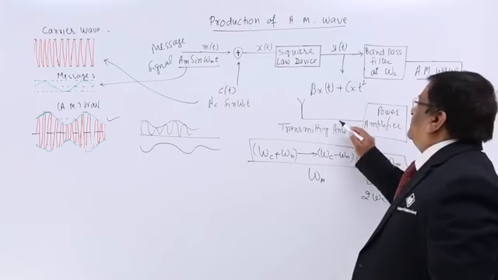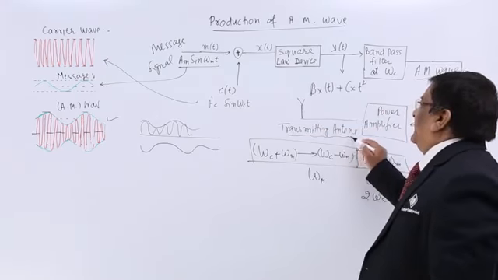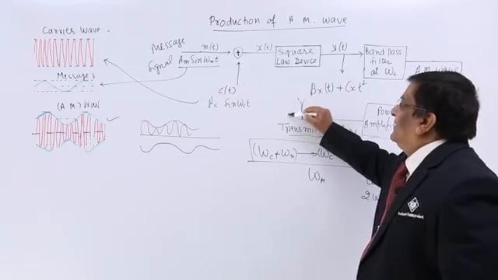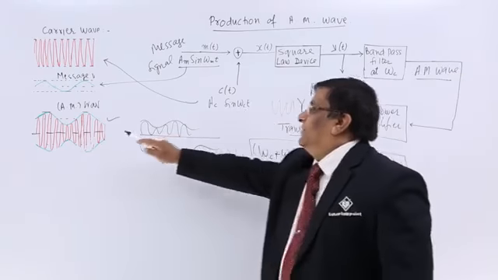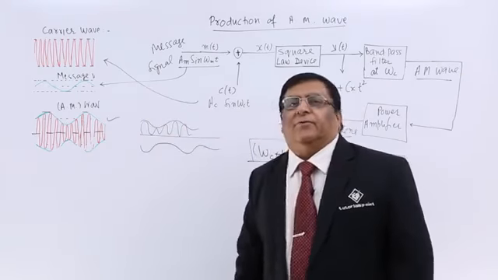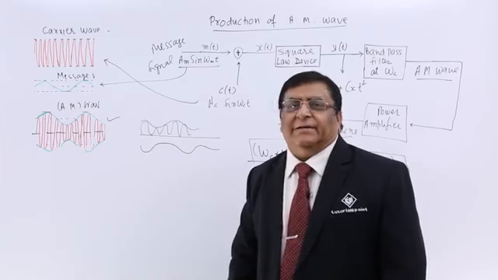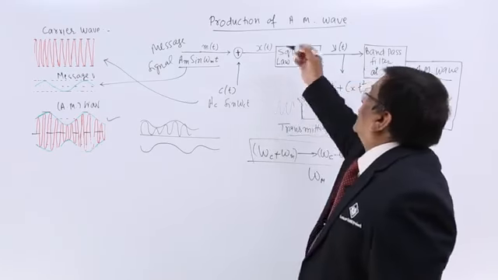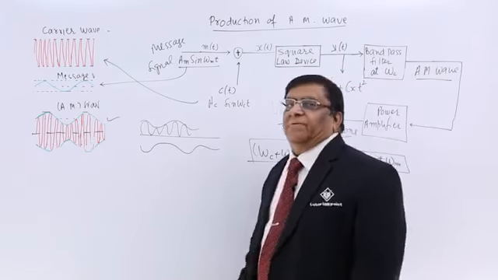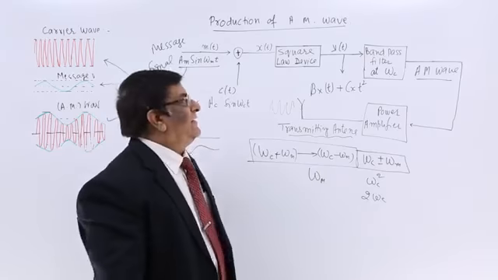Then we send it to the transmitting antenna, and from this antenna it goes in this shape for receiving at the other end. So this is production of AM wave, and these are the devices in that.